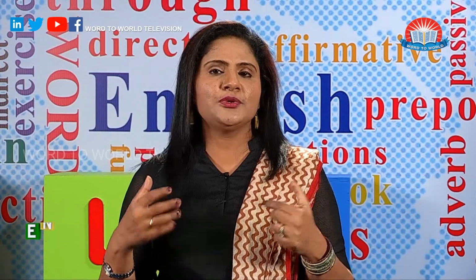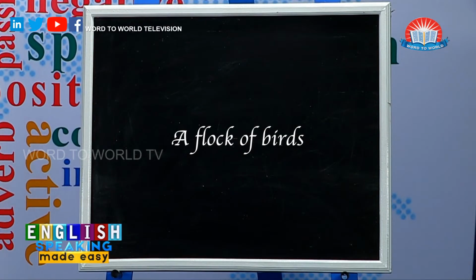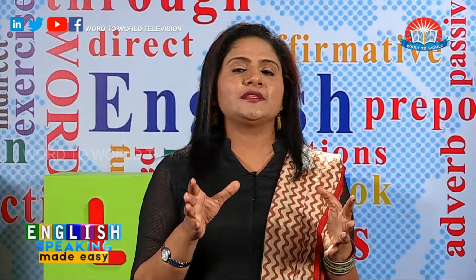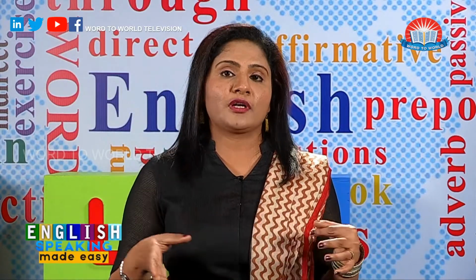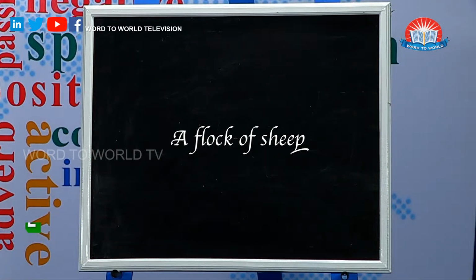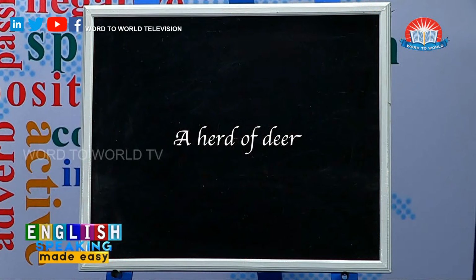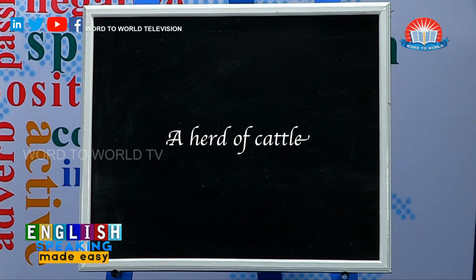You see birds together in the sky, they are a flock of birds. Sheep also take the same collective noun of a flock, a flock of sheep. Similarly, cattle, deer, cows, they all are called a herd of deer, a herd of cattle. That is the collective noun we use for those animals.